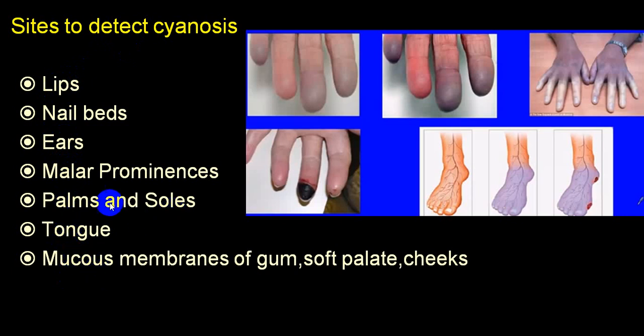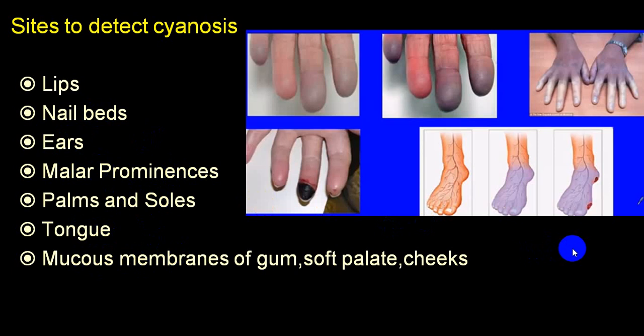While in case of a peripheral, mainly palm and soles will be involved, while lips, mucous membrane will not be commonly involved, tongue will not be commonly involved.